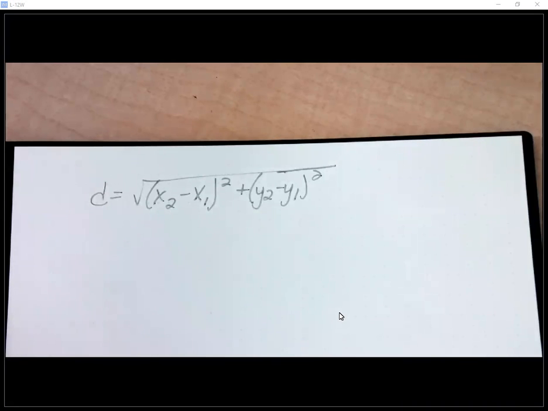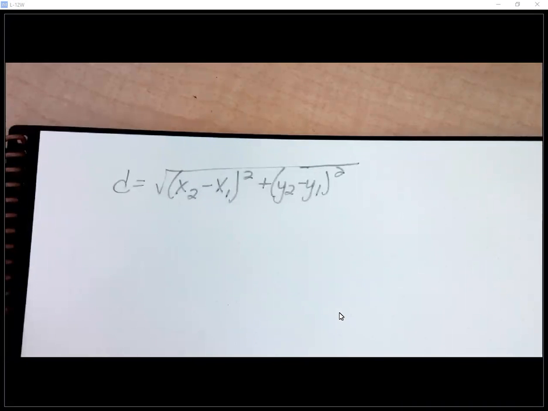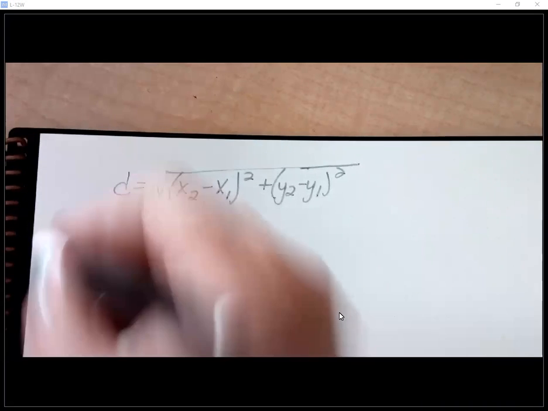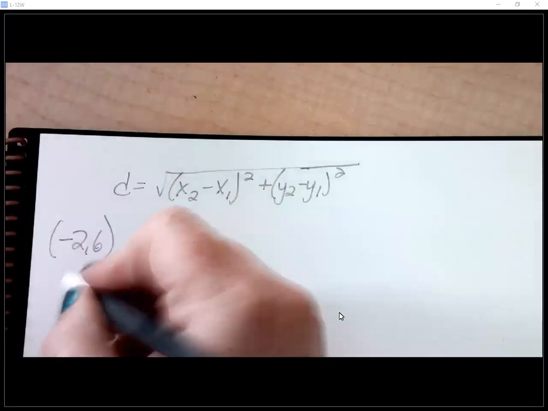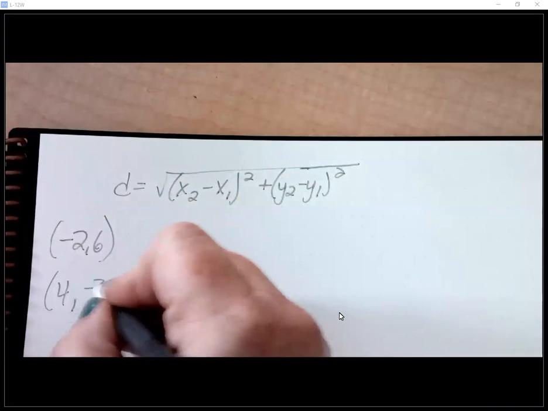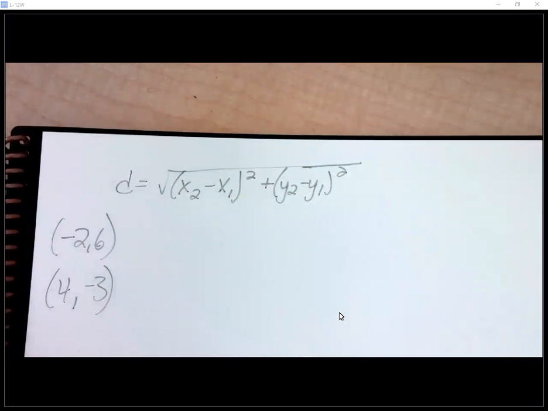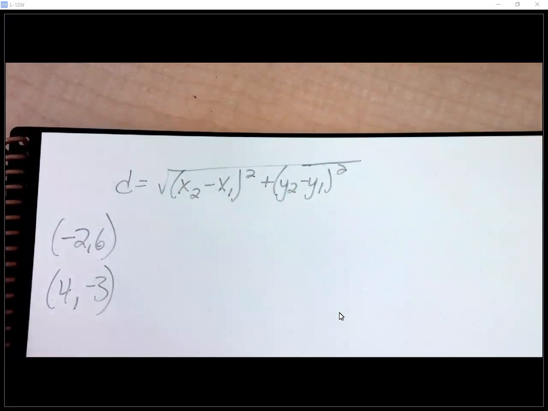So let's go ahead and try. The points they gave us again were -2, 6 and 4, -3. It does not matter which point you call the first point and which you call the second, because the distance from A to B is the same as the distance from B to A. Pick one of them to be your first point and one to be the second.